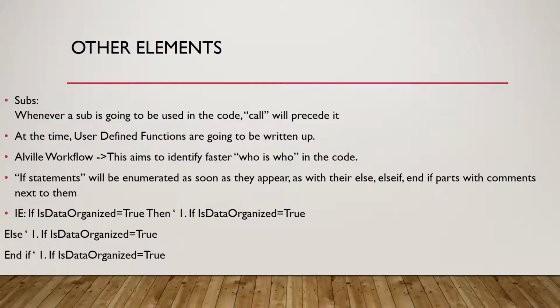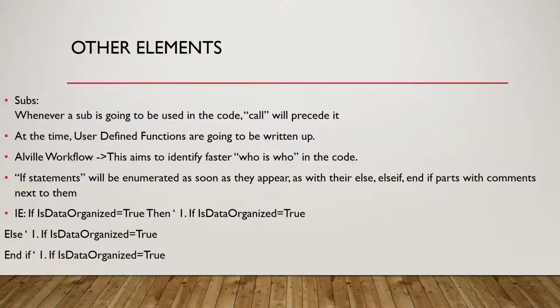Moving on, subs. Whenever a sub is going to be used in the code, a prefix will precede it. At the time, user-defined functions are going to be written up. Alville workflow. This aims to identify faster who is who in the code. If statements will be enumerated as soon as they appear, as with their else if and if parts, with the comments next to them.